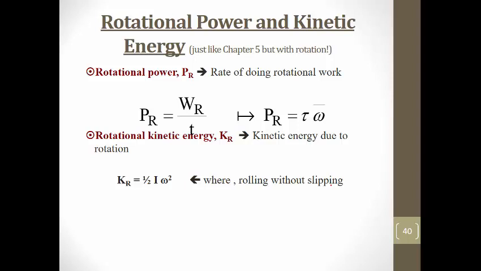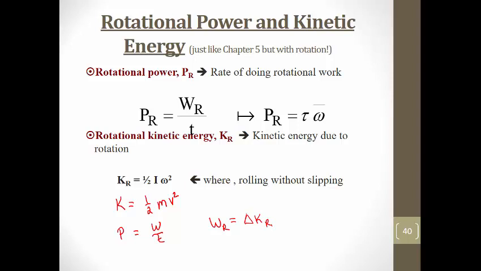Back in chapter 5, we had translational or linear kinetic energy, 1/2 mv squared. We had power that was the rate of work over time. Notice that's the same. And now we have rotational work, which sometimes we can talk about in terms of the change in rotational kinetic energy.